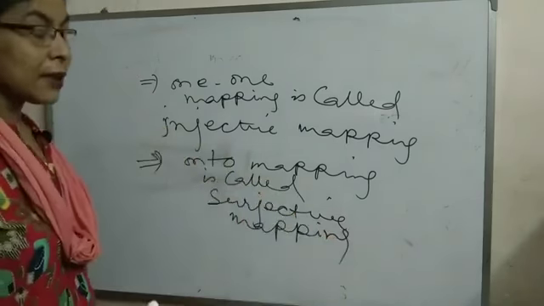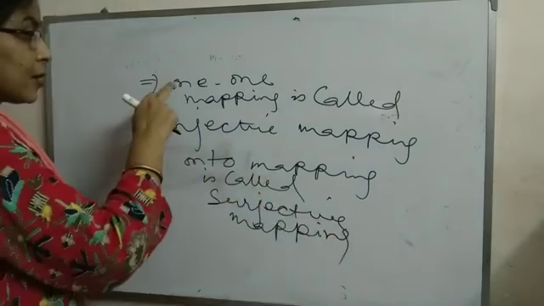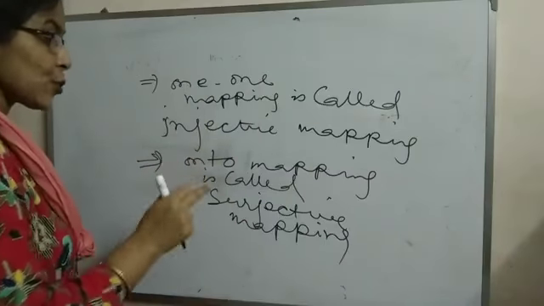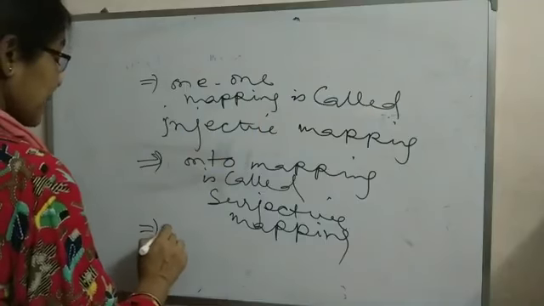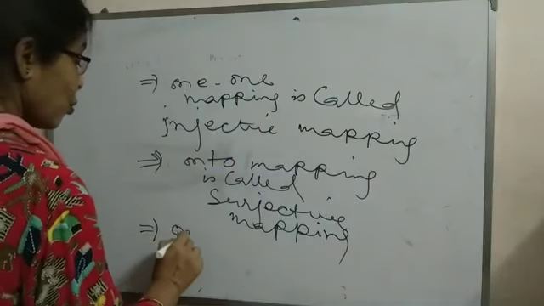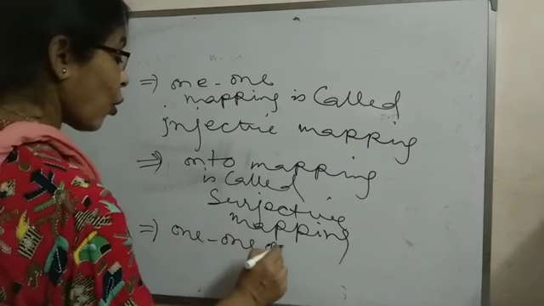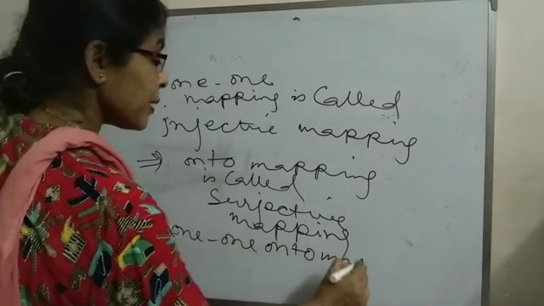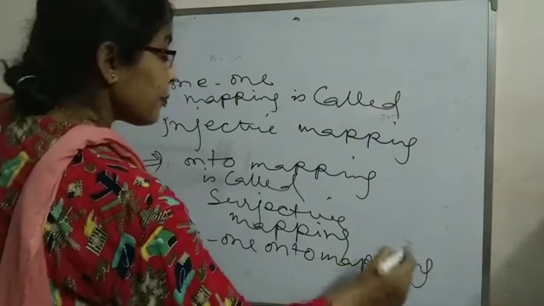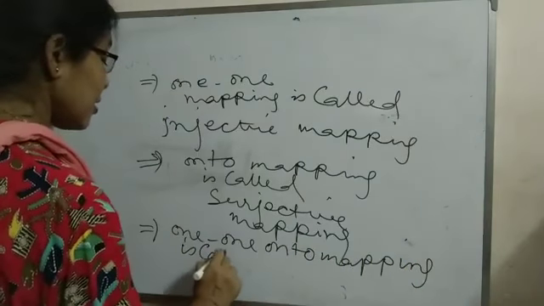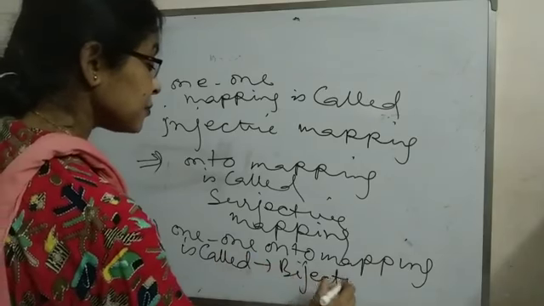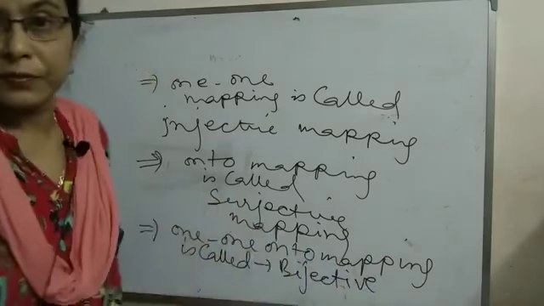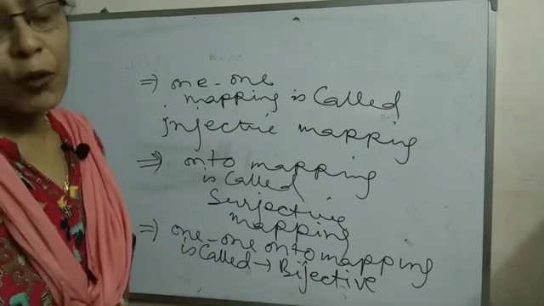If a mapping is one-one as well as onto, this is called bijective mapping. So I can write: one-one onto mapping is called bijective mapping. Okay, now I am ending here.